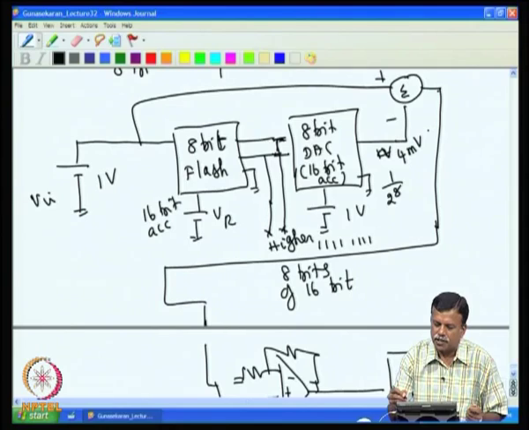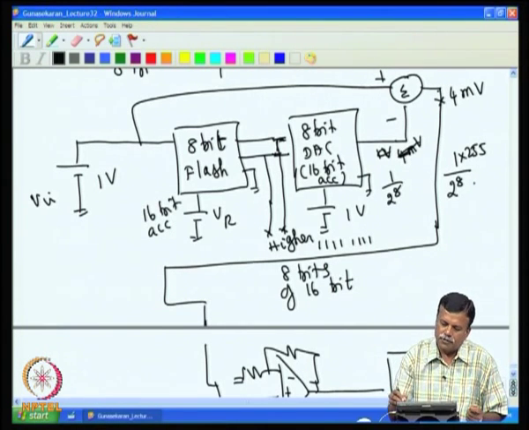From here you would have got 1 volt divided by 2 power 8, which is 1 LSB, and in total you have 255 LSB. So, the difference will come here as 4 millivolt, because even when all bits are high, you are not going to get 1 volt; it will be 1 by 2 power 8 into 255, which gives you an error of 4 millivolt.